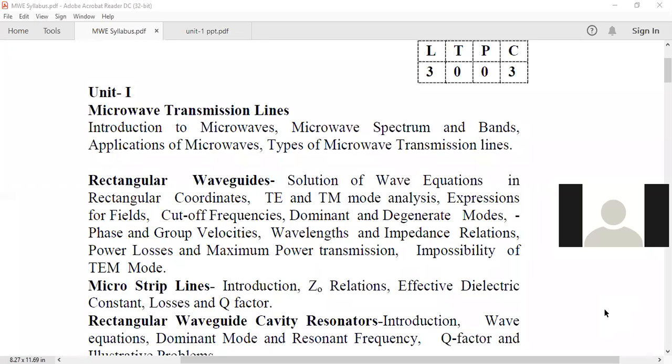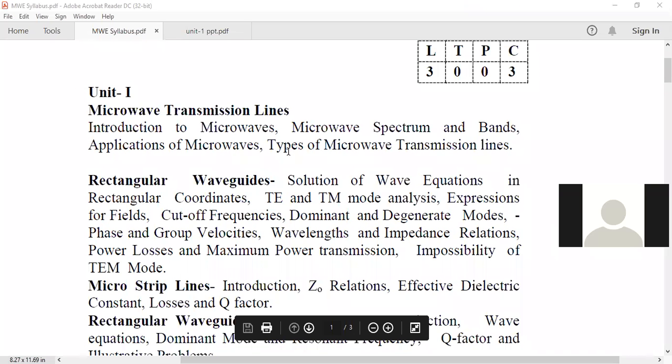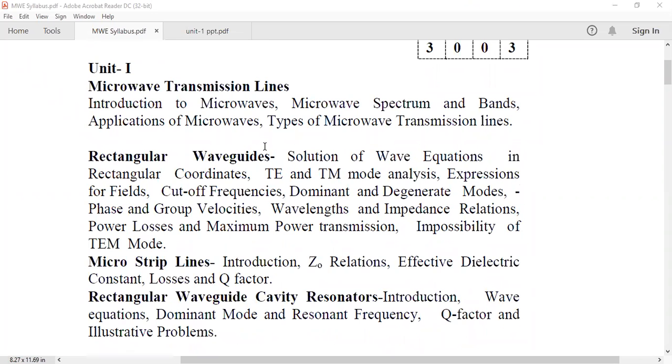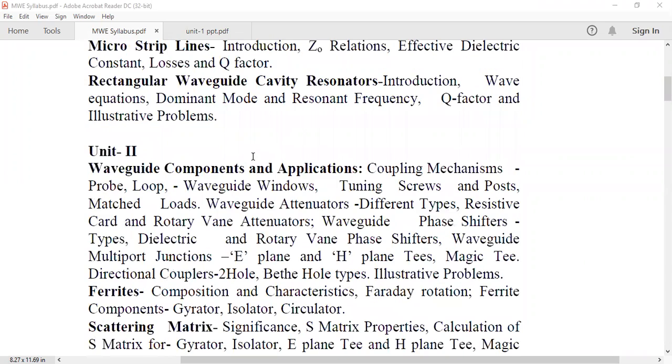Now see, in our first unit these are the things: what is meant by microwave engineering, what is the range of microwave frequency, and what are the different bands. Then the transmission lines: the coaxial cable, waveguide, and microstrip lines. Then you need different components for coupling, attenuation, and phase shifting.